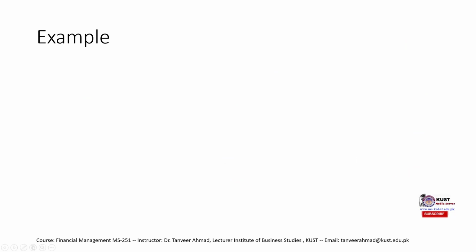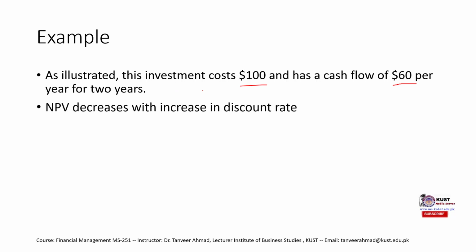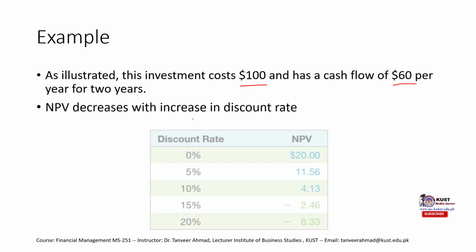So moving towards an example, let's say there is an investment that would cost $100. It is the cash outflow, initial investment, and has a cash inflow of $60 per year for 2 years. Now, if we find the NPV at different values of R, at different discount rates, let's say we first use the discount rate of 0, you can do it yourself, but you would also get these values.